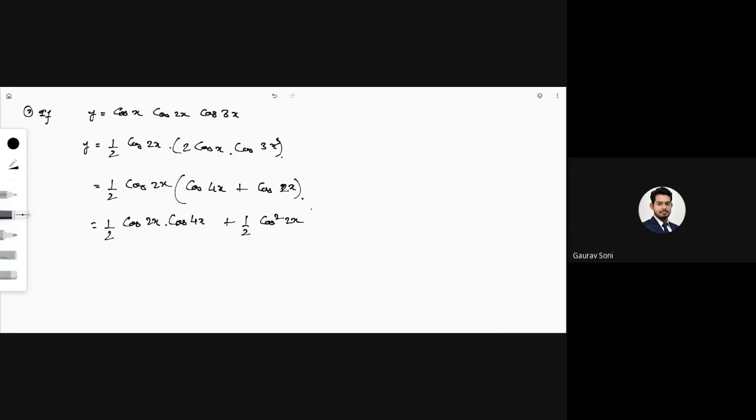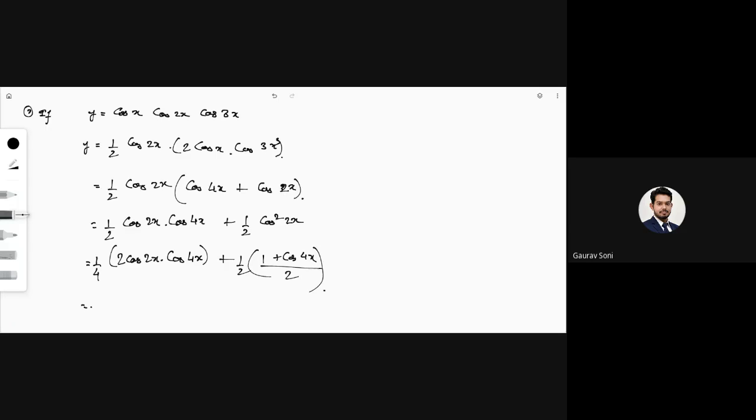Cos square 2x further can be reduced, and in 1 by 2, what I can do again is multiply and divide by 2 in the first term. So this will be 1 by 4 in bracket 2 cos 2x cos of 4x plus 1 by 2 cos square 2x will be 1 plus cos of 4x divided by 2.